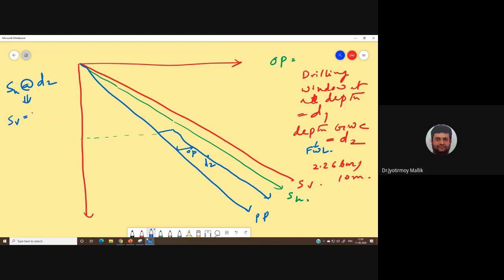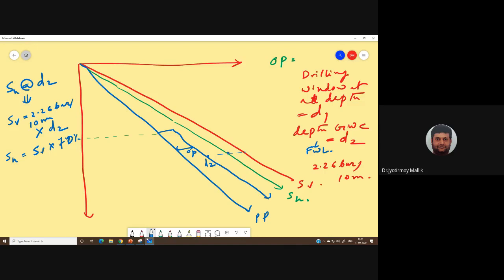SV will be 2.26 bar per 10 meter multiplied by D2. That will give me SV at this point. So S small h will be SV multiplied by say 80%, or 70%, whatever is given. Say this is 70%. So I got S small h at D2, which is this value.